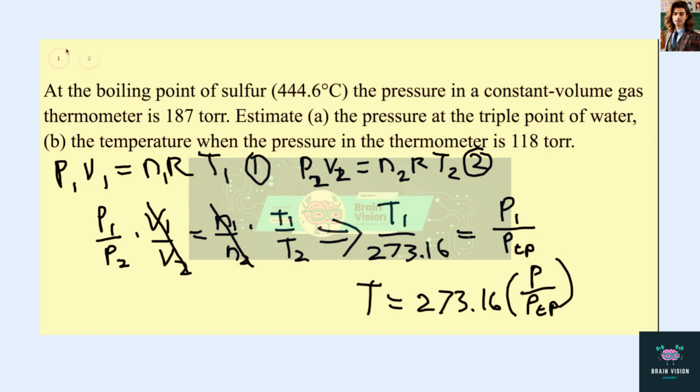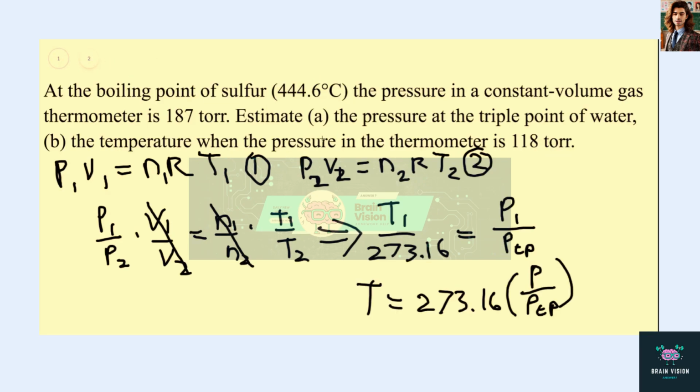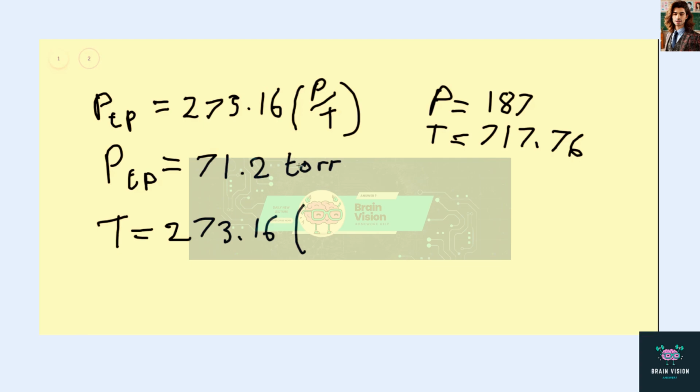For part B, we now have the pressure at the triple point and we want to calculate the temperature. So T is equal to 273.16 times the new pressure, 118, over 71.2.